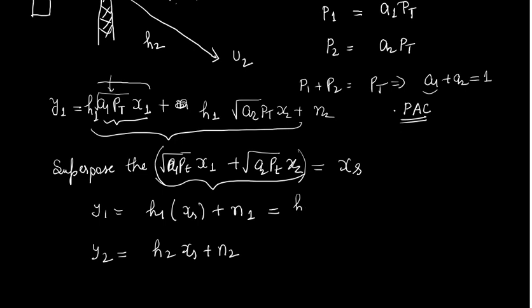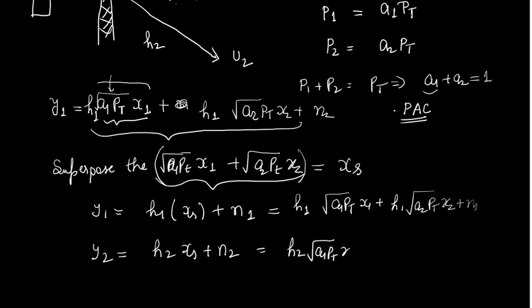So H1 root of A1 PT X1 plus H1 root A2 PT X2 plus N1, and H2 root A1 PT X1 plus H2 root A2 PT X2 plus N2. So these are the two signals, Y1 and Y2.